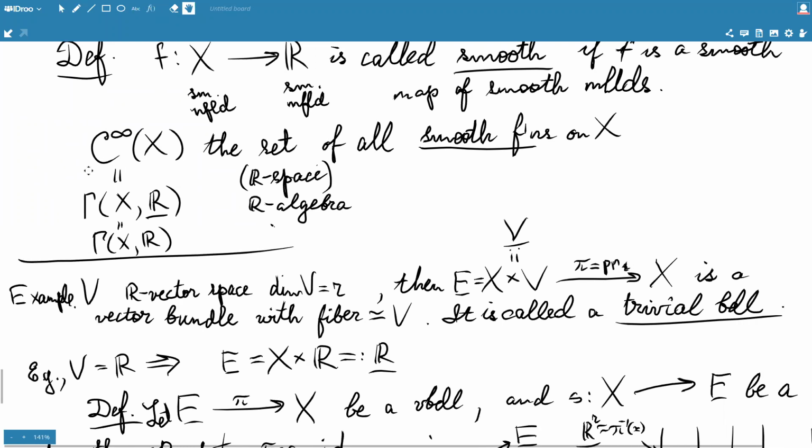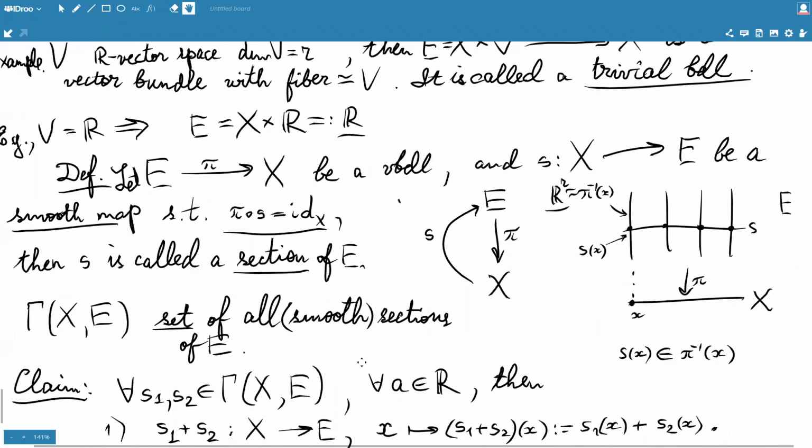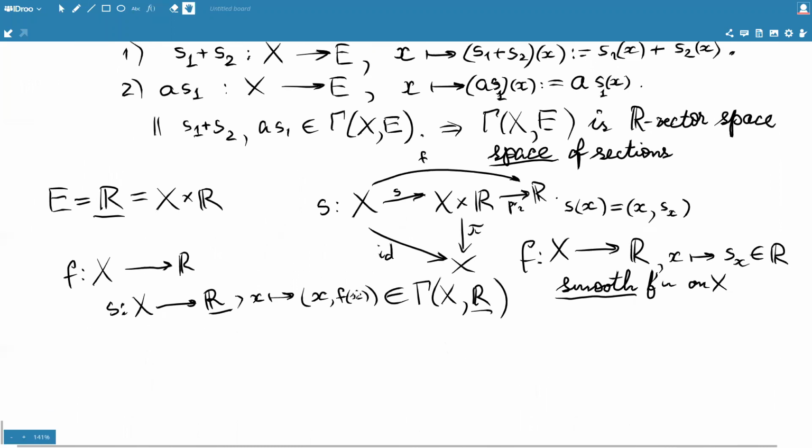You see here, C infinity of X is the same as gamma X comma R underline. So this is the reason for this notation. I just justified this notation that C infinity of X is nothing but the space of sections over X of the trivial bundle with fiber R.